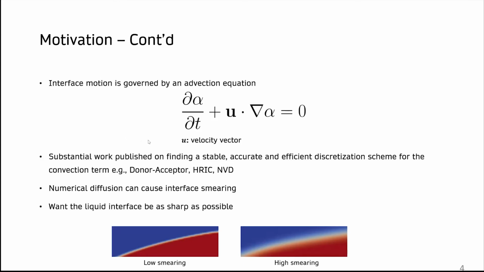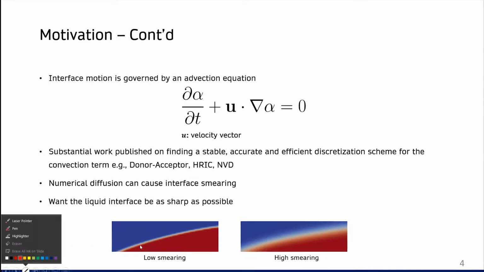But the issue is that solving this advection equation for alpha is a little bit challenging, and that's usually because alpha is discontinuous. It jumps from 0 to 1 at the interface. Because of that, it can create a lot of smearing, as in the example that I'm showing on the bottom. Let me choose a laser pointer.